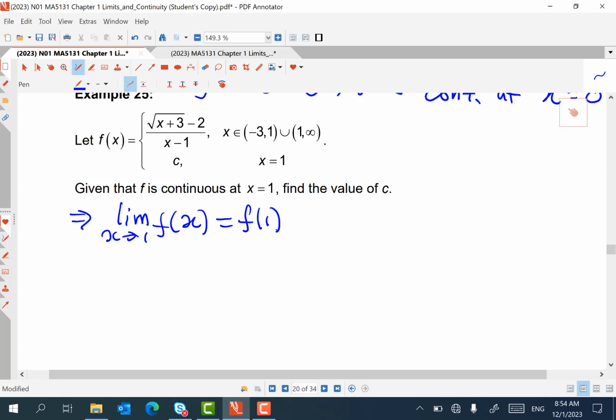So based on this, you now want to calculate the limit at x is 1, and of course the function value at x equals 1. So now we press on to find the limit at x equals 1, and this is root of x plus 3 over x minus 1, equals f of 1, which equals c.